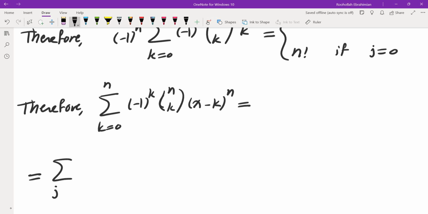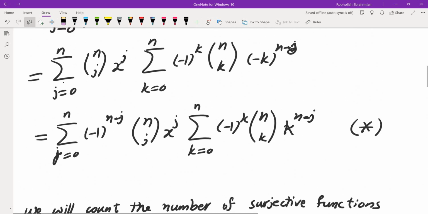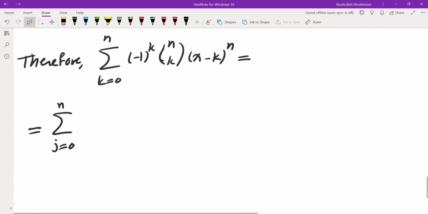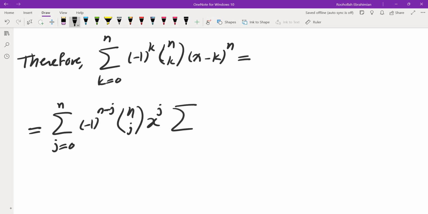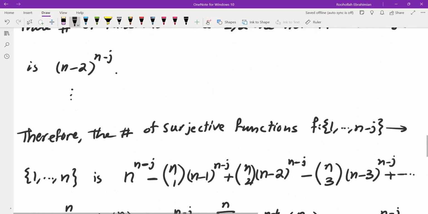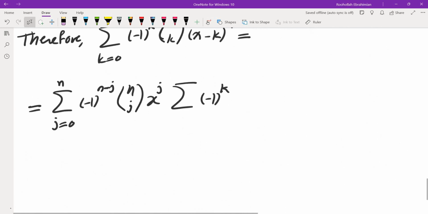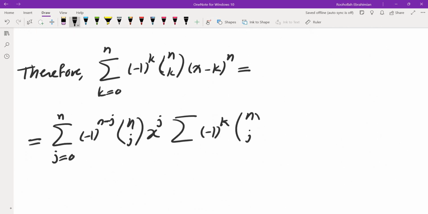This is the sum j equals 0 to n, negative 1 to the power of n minus j, n choose j, x to the j, times the sum negative 1 to the power of k, n choose k, k to the power of n minus j, k equals 0 to n.